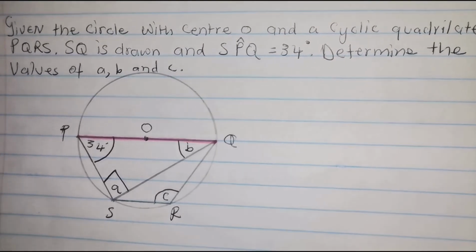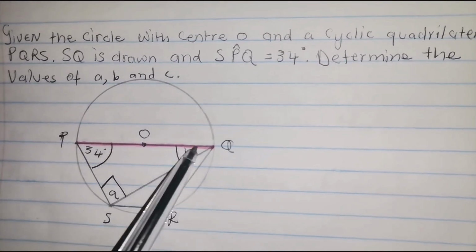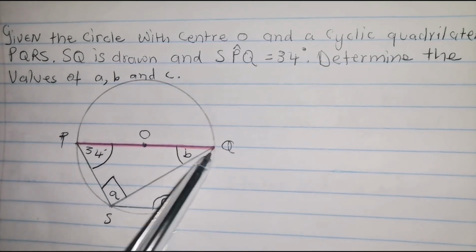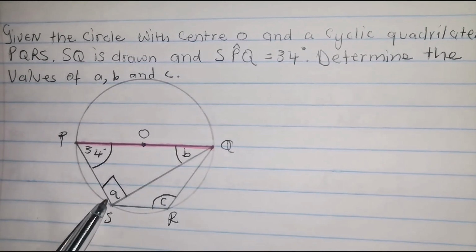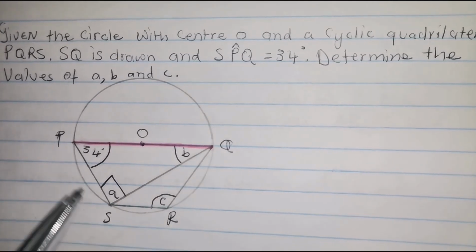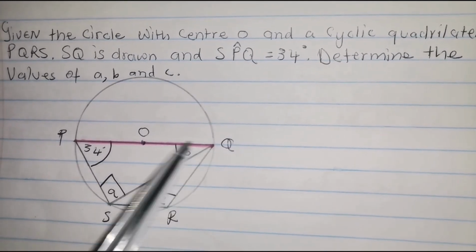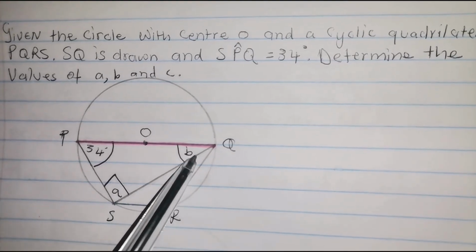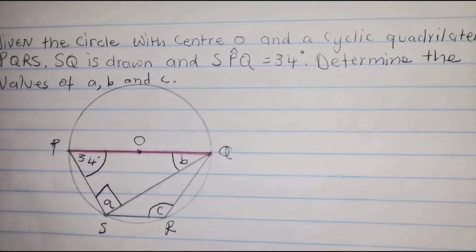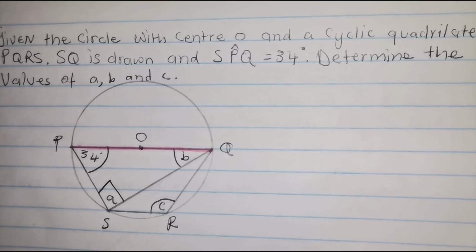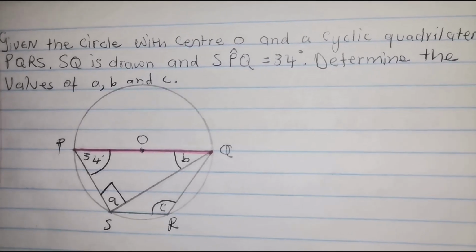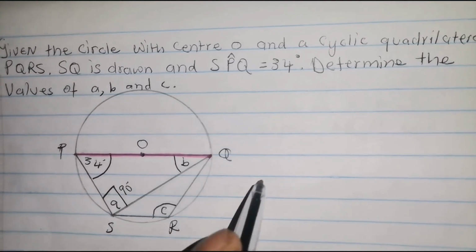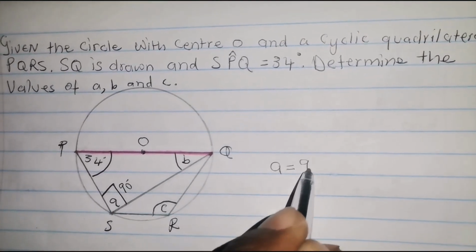So you have diameter PQ. If this diameter makes an angle at the circumference, then that particular angle on the circumference is equal to 90 degrees. Basically, angle A is equal to 90 degrees.